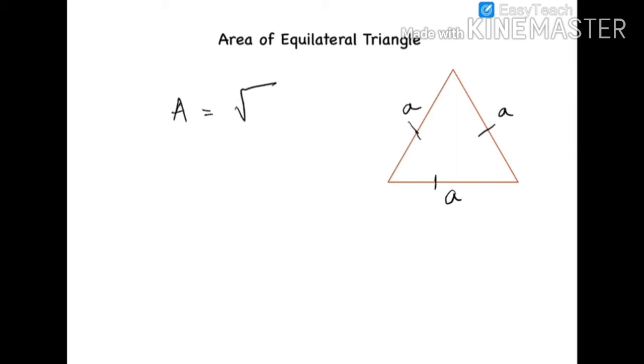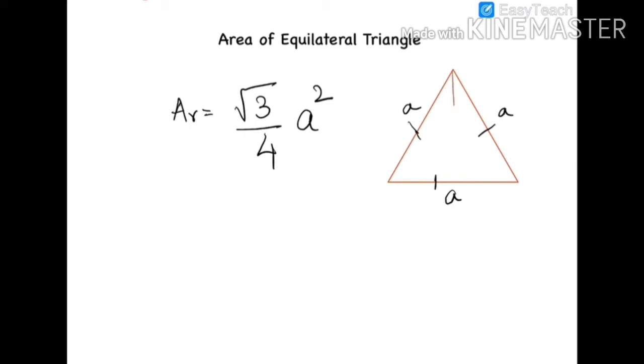We also studied how to find the area of an equilateral triangle. If each side of the equilateral triangle is A, then its area is given by √3 upon 4 times side square, that is A square.